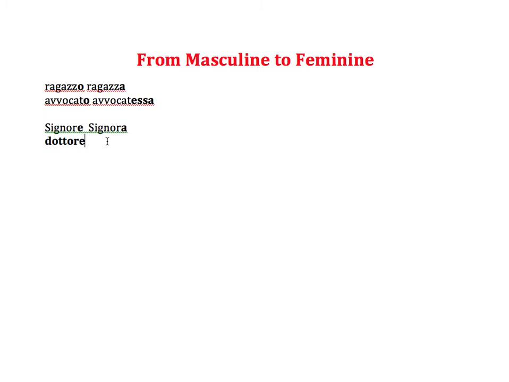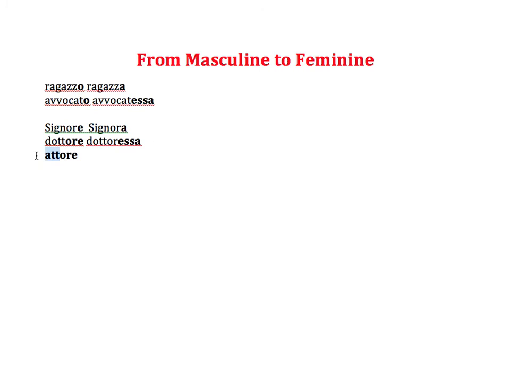Okay. Dottore. The feminine is dottoressa. So in this case, we have a masculine word ending in ore, still e, but ore, and the equivalent feminine is dottoressa, so essa.